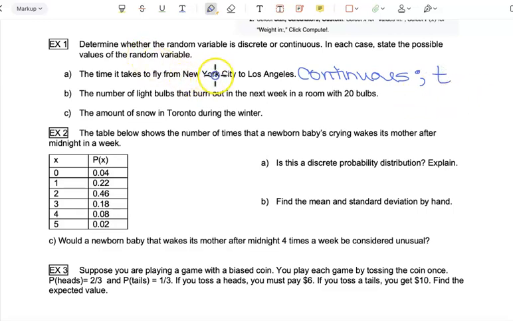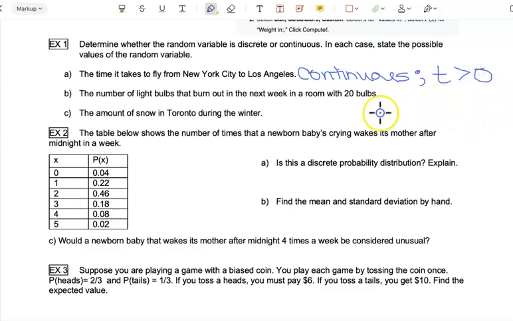So here you might say, well, I know that the flight is about this many hours. Well, we might not be measuring in hours. So we're going to say that in this case, our time is going to be greater than 0.